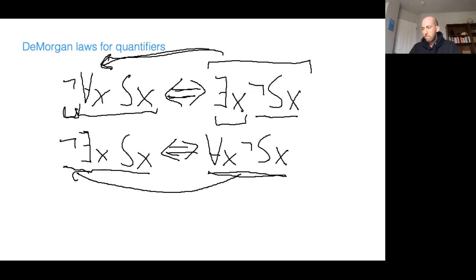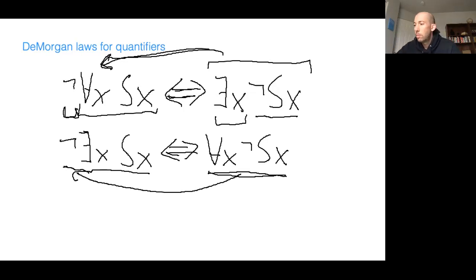Okay, so related to quantifiers and these DeMorgan laws is the relationship between the quantifiers and conjunction and disjunction: the universally quantified sentence and conjunction, and the existential quantifier and disjunction.